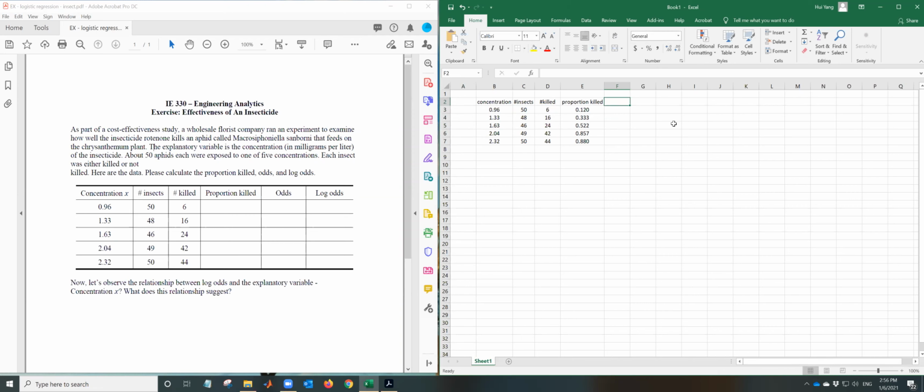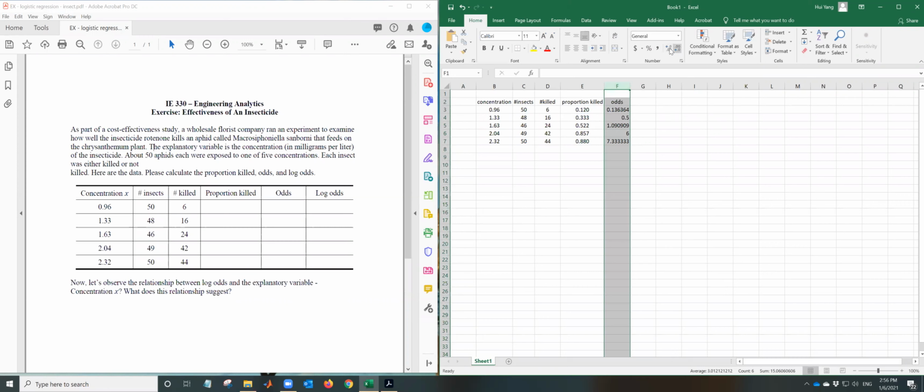Now odds. Odds is the proportion killed, the success probability, divided by 1 minus E3, that is, P over 1 minus P. So let's do the same for the other rows. Put it over here, E6. This is E6, 1 minus E6.